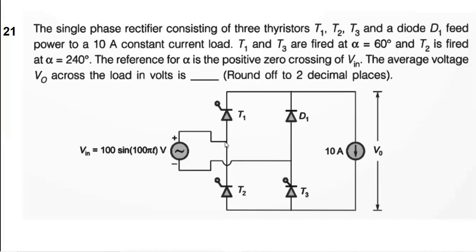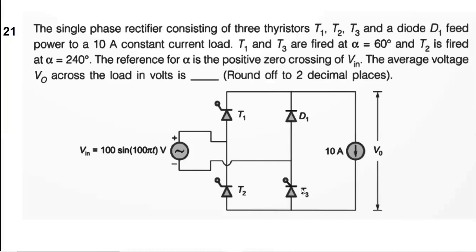From 60 degrees, the current will flow from the source through T1, through this constant current load, and then through T3 and back to the source. So V0 will be following the input voltage Vm sin omega t, that is 100 sin omega t, where omega is given here as 100 pi. So the output voltage will follow the input voltage as such when T1 and T3 are conducting.